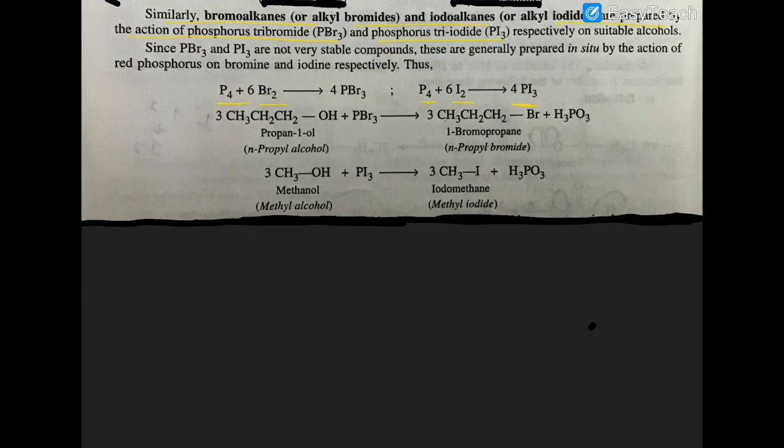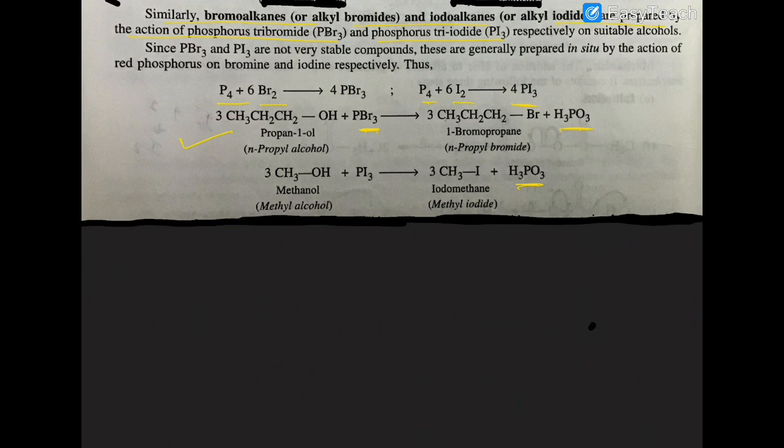Remember that both PBr3 and PI3 are not very stable compounds, and wherever they have to be used, they are prepared in solution there only. So in the solution itself PBr3 is formed and transformed into a product. Similarly you will get phosphorus acid in each case, but in one case you are getting what?